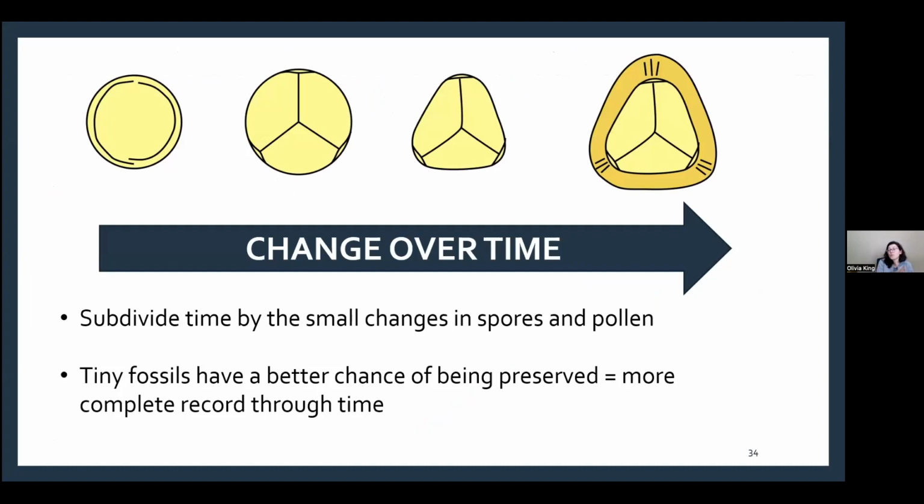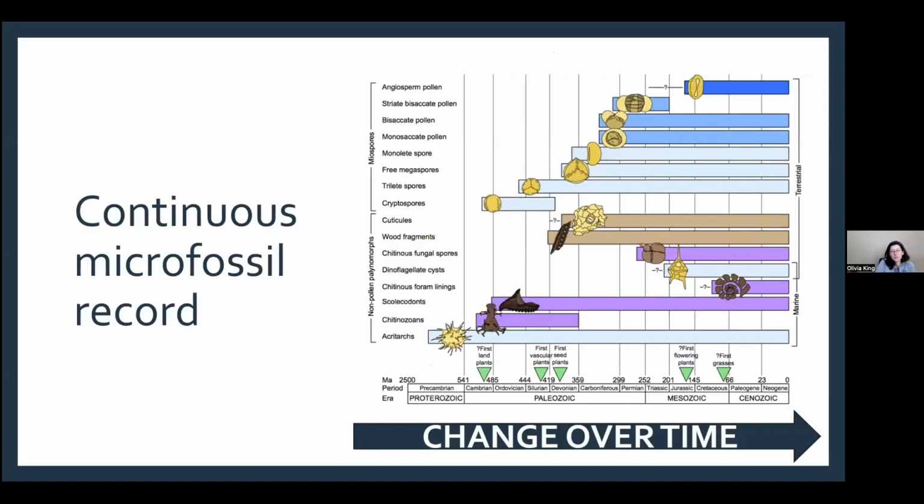Tiny fossils have a better chance of being preserved and have a more complete record through time, not just of spores, but also of other single-celled organisms in the marine realm, and pollen, and a couple of other important groups like acritarchs, as well as other microorganisms.